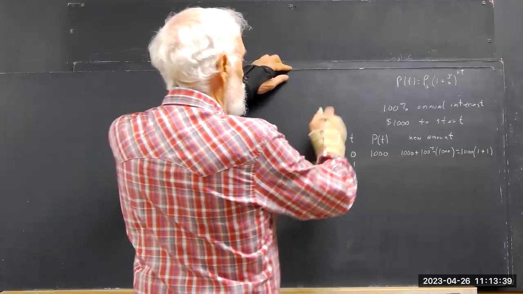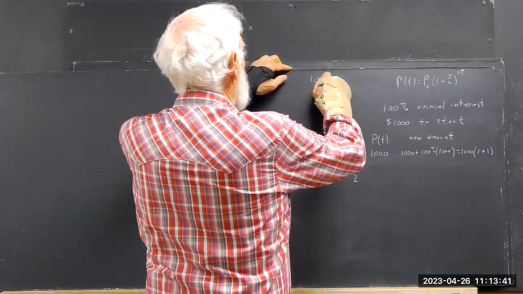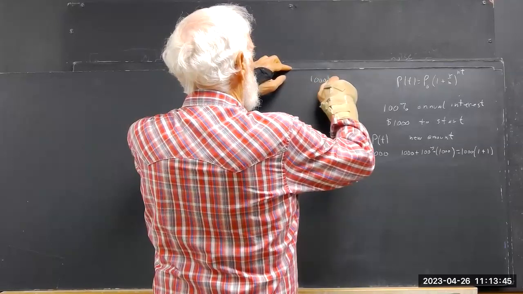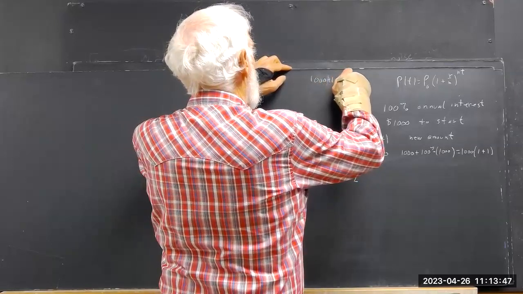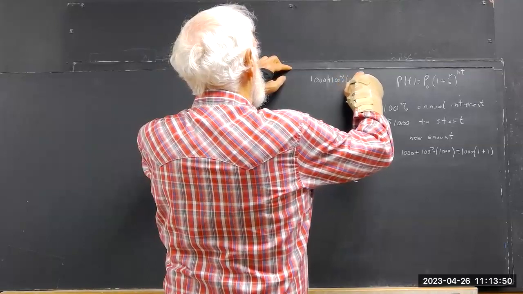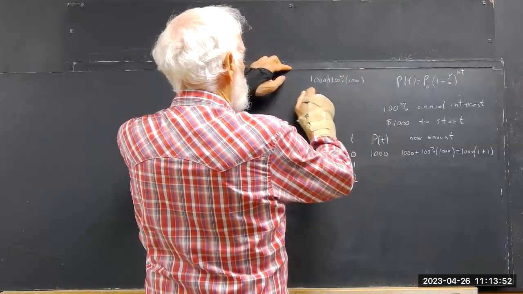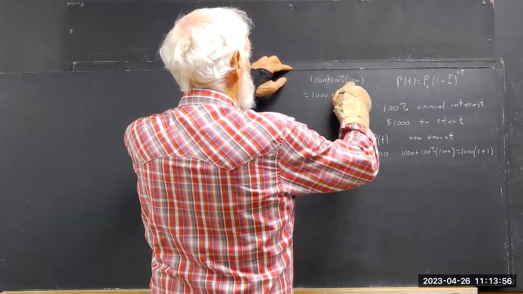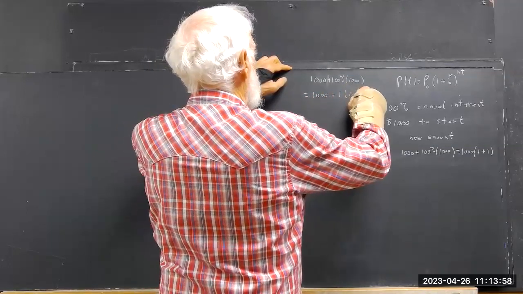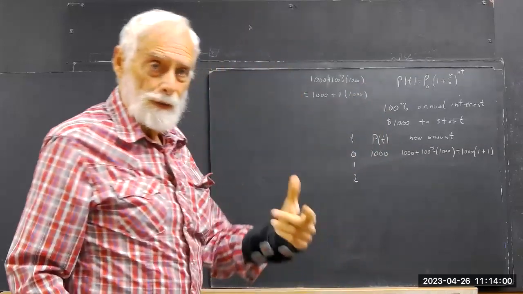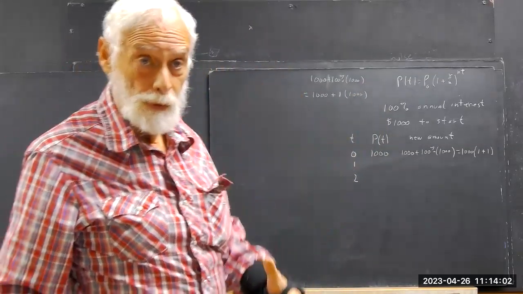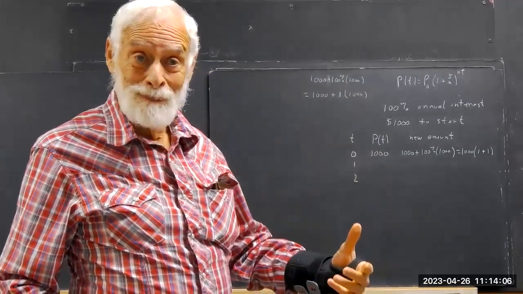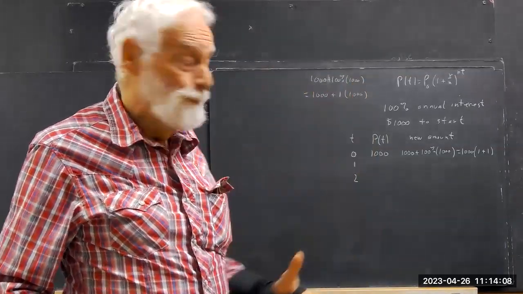Let's just write it over here as a note. 1,000 plus 100% of 1,000 is 1,000 plus 1 times 1,000, because 100% is just 1, just like 10% is 0.1, 50% would be 0.5, 90% would be 0.9, 100% would be 1.